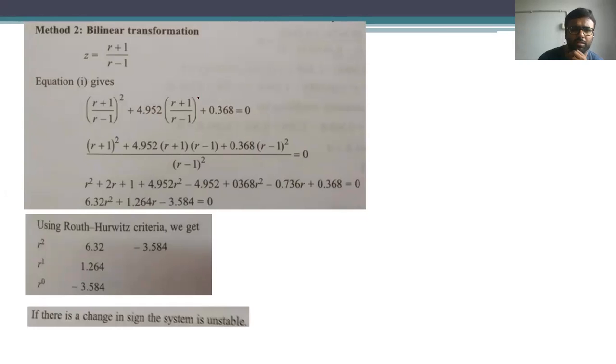With simple substitution of z equal to (r+1)/(r-1), we can get the characteristic equation.